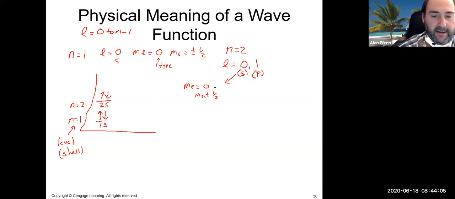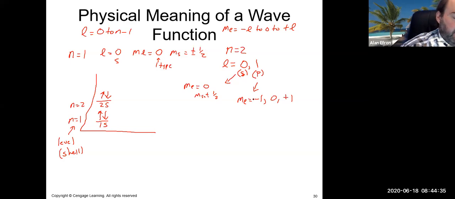Now for our L of 1, which is our p, m sub L runs from minus L to 0 to plus L. That means it runs from minus 1 to 0 to plus 1. Those are all the acceptable values for our p subshell, and in each of these we could have an m sub s of plus or minus 1/2.